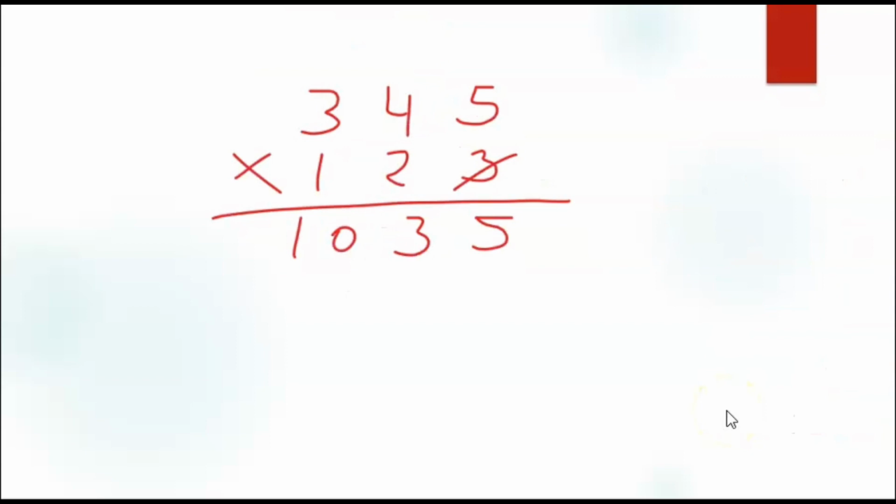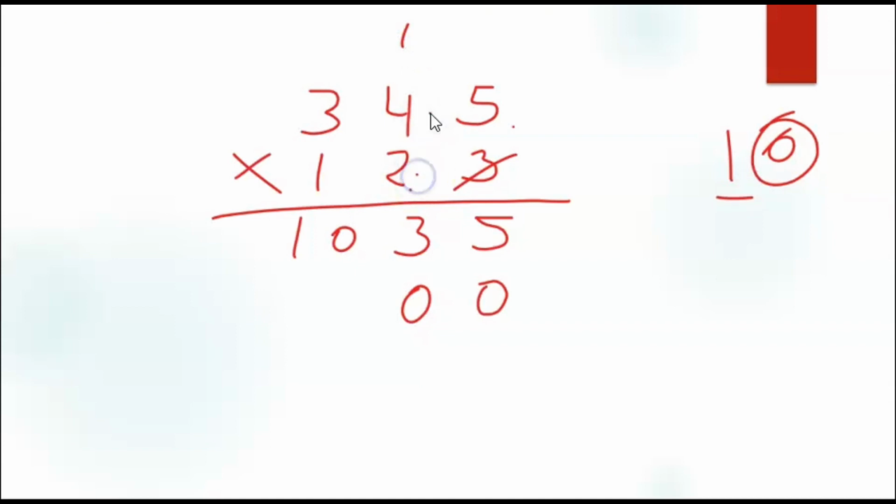Alrighty, now let's move on to number 2. But before we start multiplying, remember we always put down a 0 at the ones place. Alright, now let's do it. 2 times 5 equals 10. We're gonna take this 0, put it over here. We have 1 in our hand. That 1 can go on top of number 4.